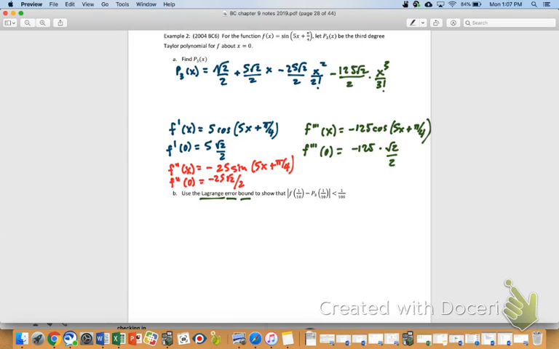I mean, it really is that simple of a decision point. So we've got to use this. Remember, the Lagrange error bound is a much broader tool. You can use it on any series, whereas the alternating series error bound can only be used on alternating series. Okay. So it says, to show that, can anyone explain what this is right here?